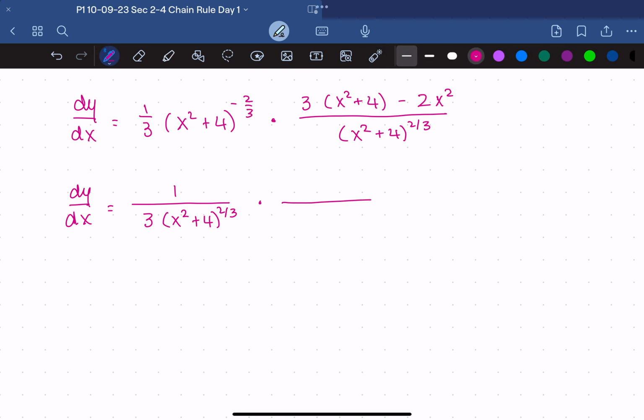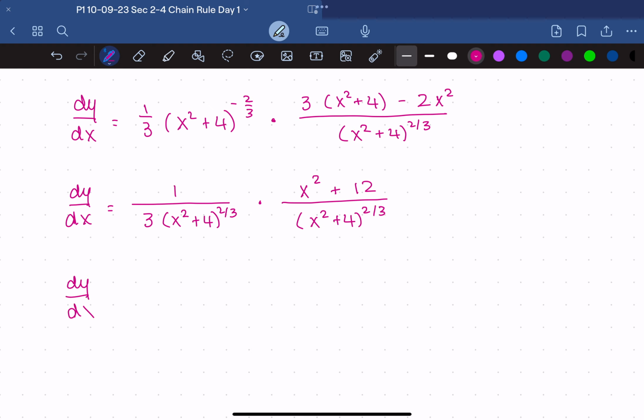I'm also going to clean up this numerator a bit. If I distributed the 3, I'd have 3x squared, but minus 2x squared is just x squared. And then the 3 gets multiplied by the 4. And then the bottom, still x squared plus 4 to the 2/3.